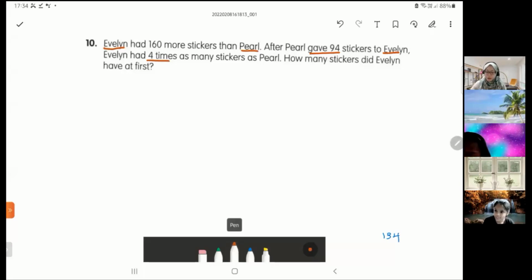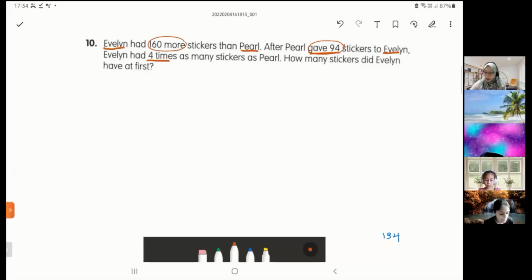All right. Evelyn had 160 more stickers than Pearl, after Pearl gave 94 stickers to Evelyn. So it is between them. I have Pearl, I have Evelyn. Pearl gives 94 to Evelyn. So it's between these two girls, right?